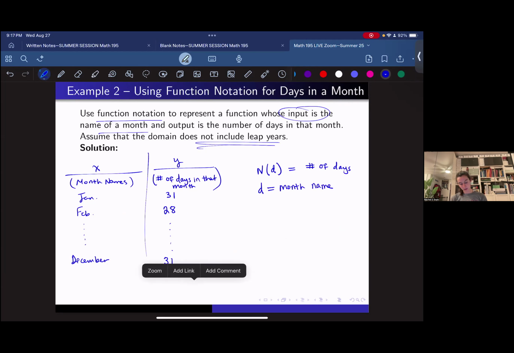So we can write n of d is equal to our month name.